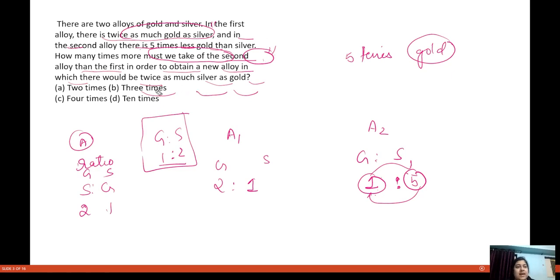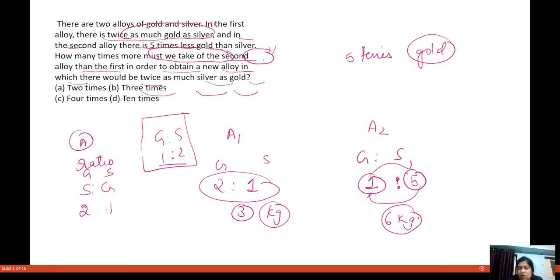Now it is saying how many times more must we take of the second alloy than the first in order to obtain a new alloy in which there would be twice as much silver as gold. Okay. Now see, we are taking this alloy. The weight of this is 3 kg. Okay, and we are taking this alloy, the weight of this is 6 kg.